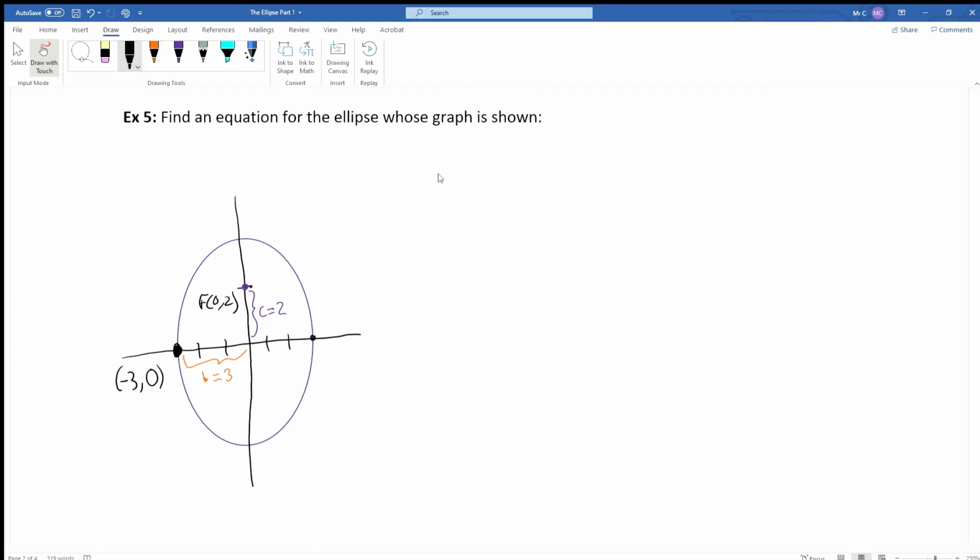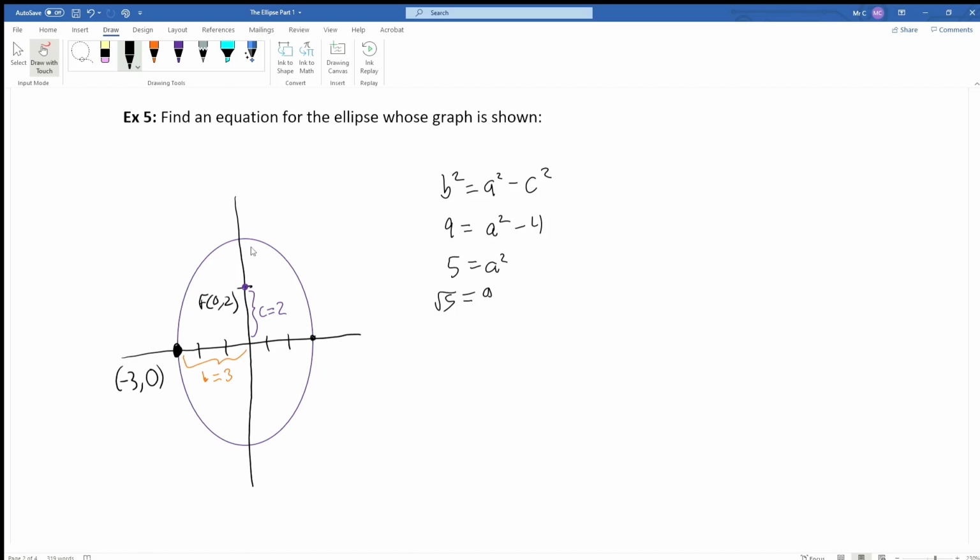And I need a, so b squared equals a squared minus c squared. So 9 equals a squared minus 4 in this case, which gives me 5 equals a squared, or a equals the square root of 5.